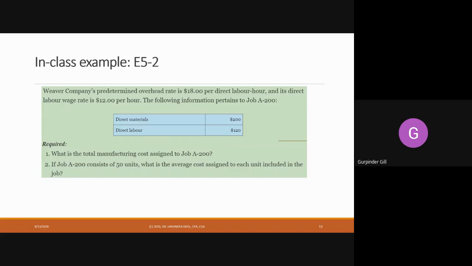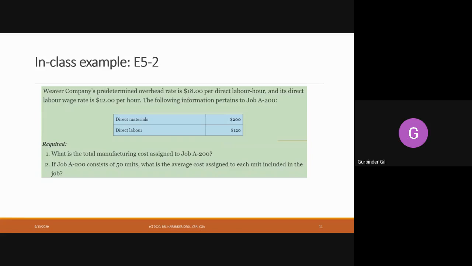The following information pertains to job A200, where we know that the direct material on job A200 is $200 and direct labor is $120. So we are calculating the total manufacturing cost assigned to this job A200. And if job A200 consists of 50 units, what is the average cost assigned to each unit included in the job?